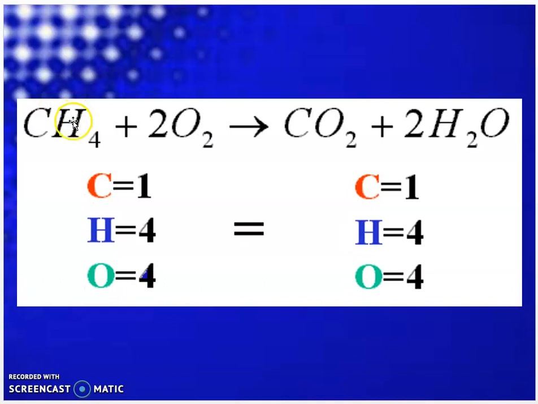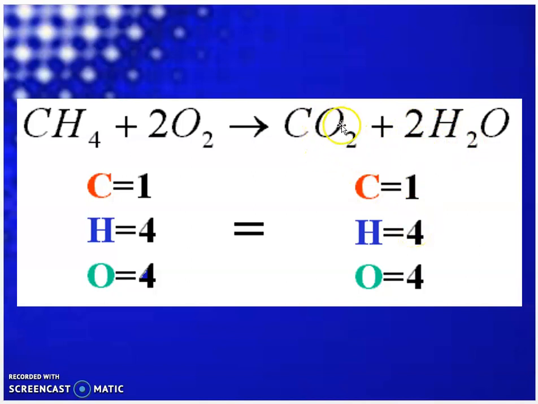Now let's look at this one. 1 carbon, there's 4 hydrogens, and there's 4 oxygens. Remember the coefficient, 2 times 2, and we get 4. On the product or the right side, there's again 1 carbon. We look at our hydrogens here, there's 2 times 2, there's 4.